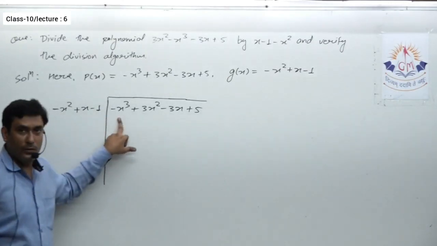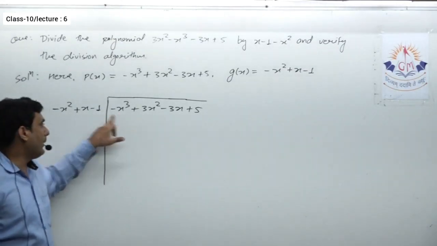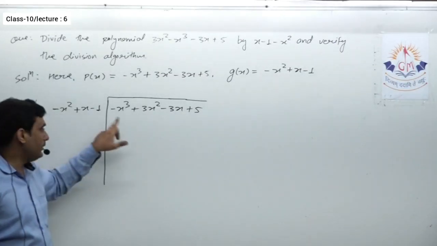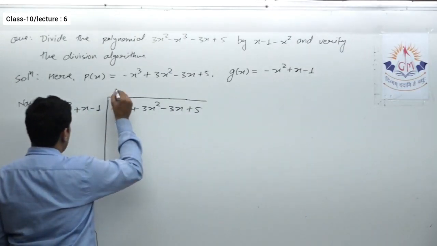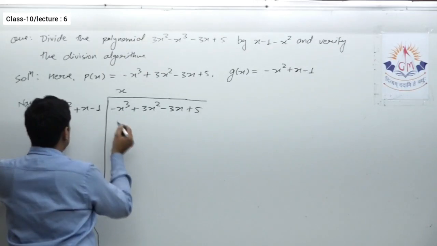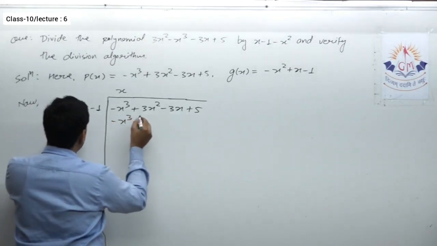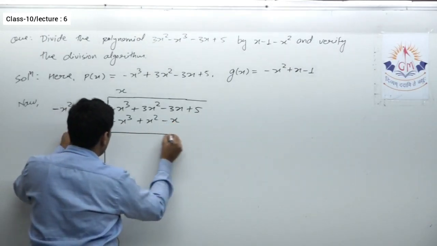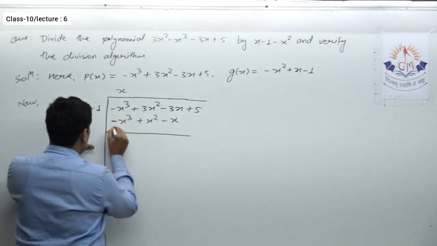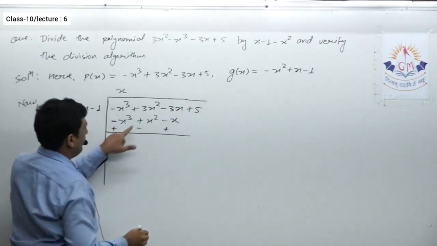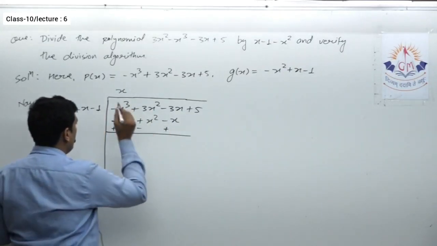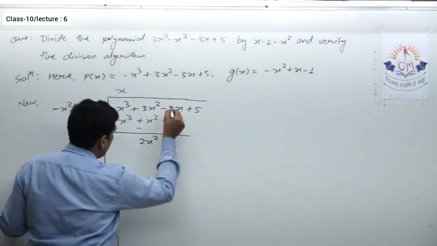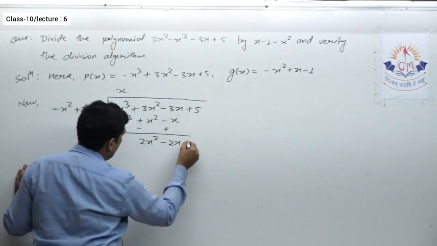The first term of the dividend is minus x cube, so I have to think about a term which I multiply with the first term of the divisor to get this. That will be plus x, because when I multiply x with minus x square, I get minus x cube, then x square, then minus x. Now when I subtract, I change the signs: negative becomes positive, positive becomes negative, and again negative becomes positive. This will cancel out. Here 3x square minus x square is 2x square, minus 3x plus x is minus 2x, plus 5.